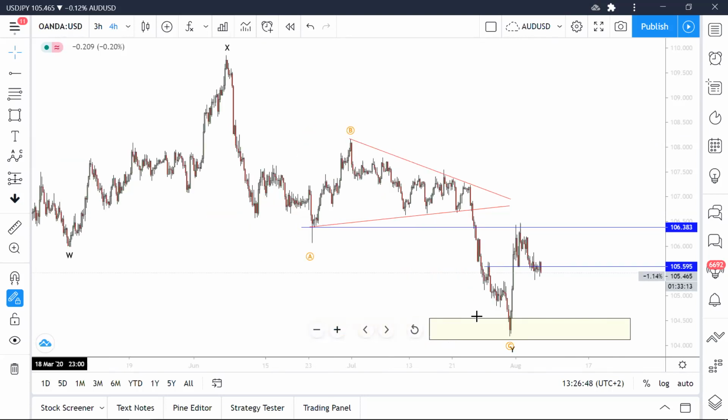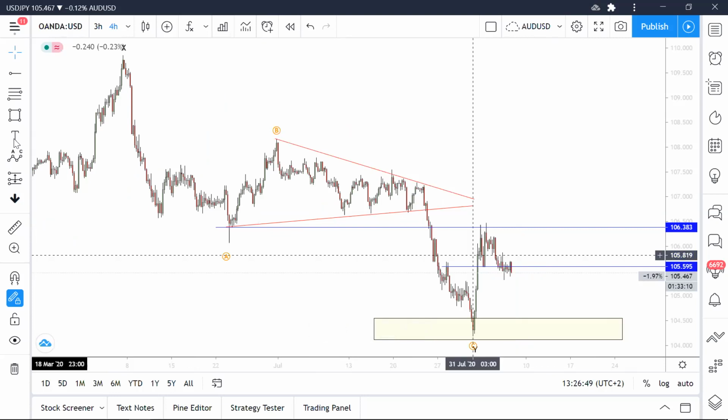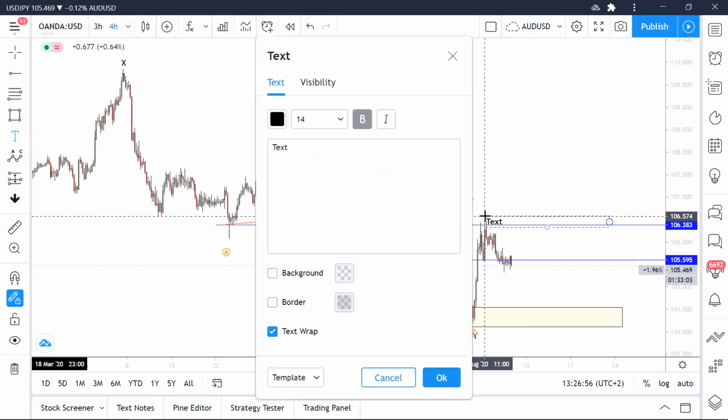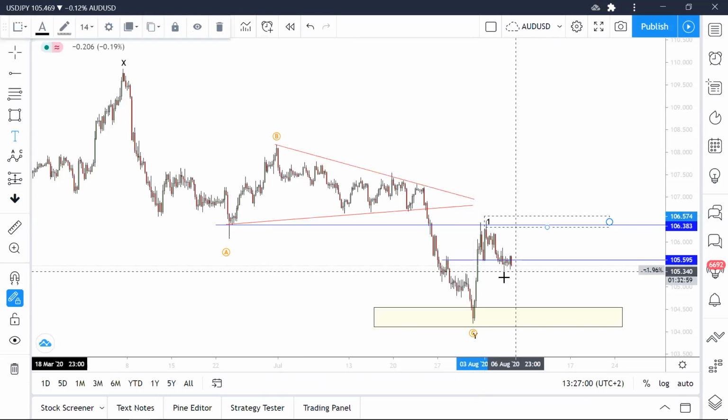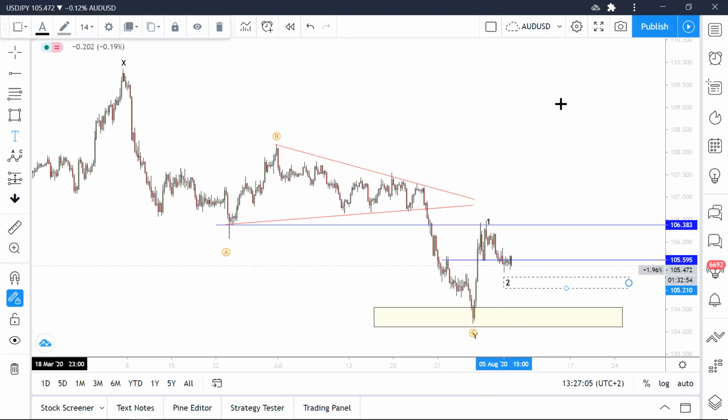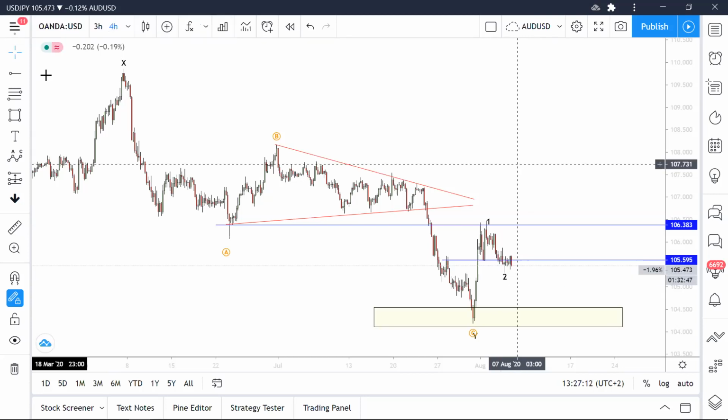So this is one thing that I'm looking at right now. You'll mark this as wave one, then possibly have wave two right over there at the bottom. So this is what we can see here.